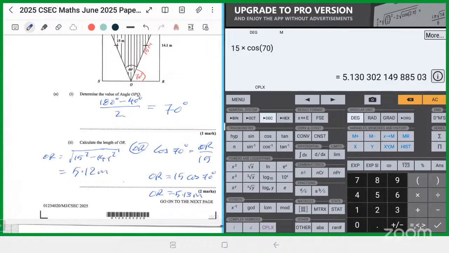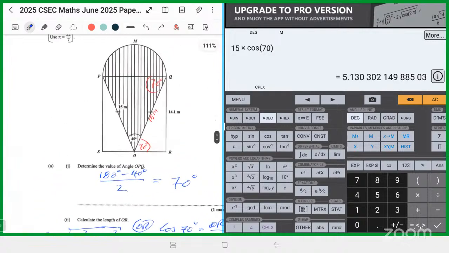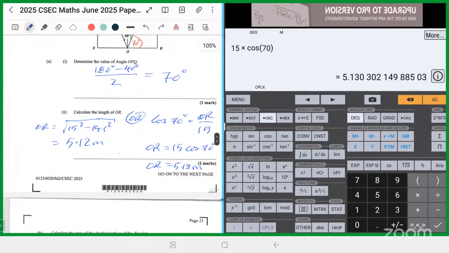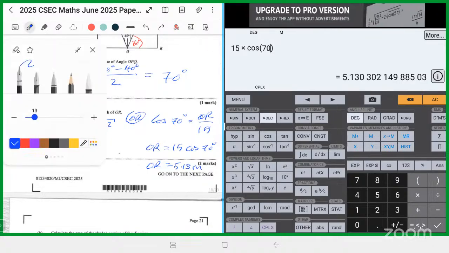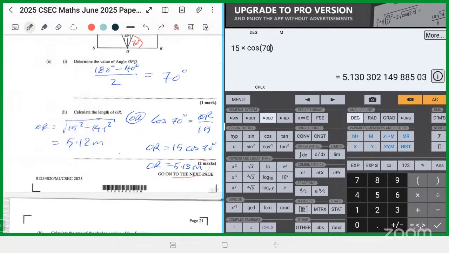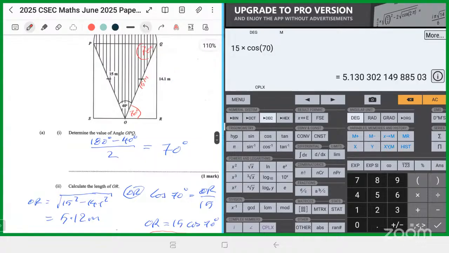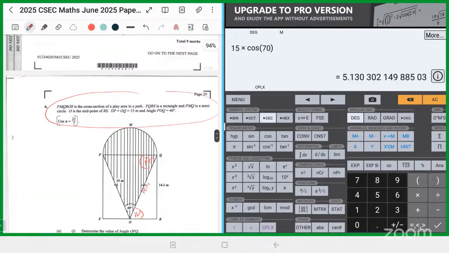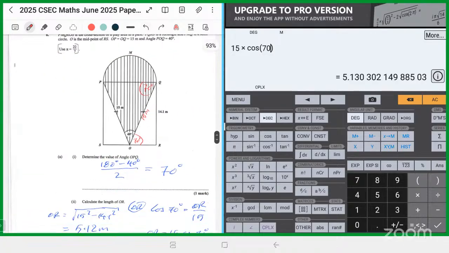If I use the side that they didn't mention anything about, I'm going to get 5.12. What I know for sure is that the angle is 70 degrees, so I'm going to work with the 5.13 over here. I'm going to use 5.13 as my answer. The person did not mention this side. Maybe that was a mistake, maybe it was not supposed to be there, but they did not mention it up here in the question. I'm going to work with what they mentioned.